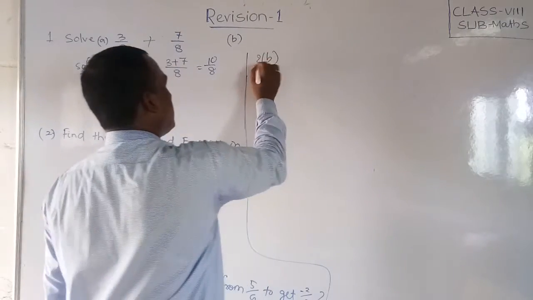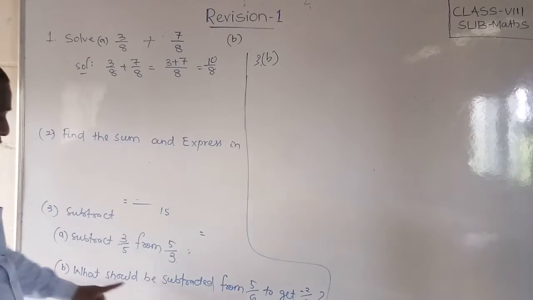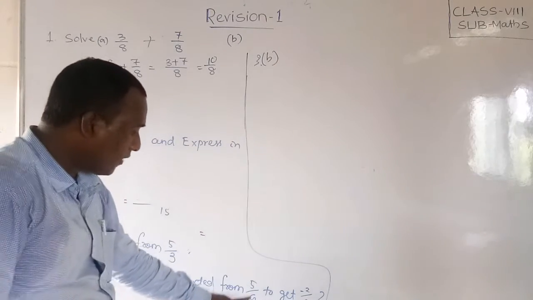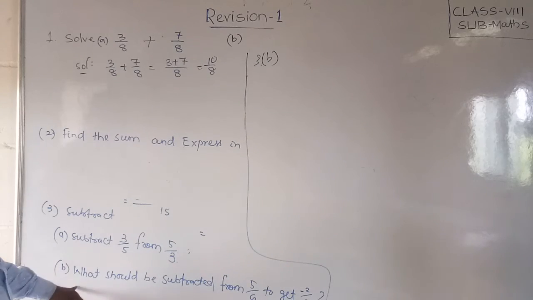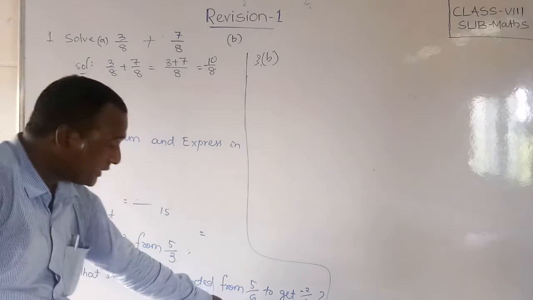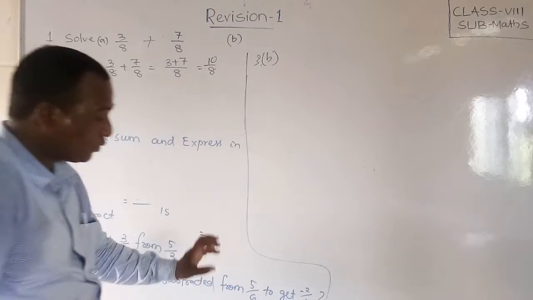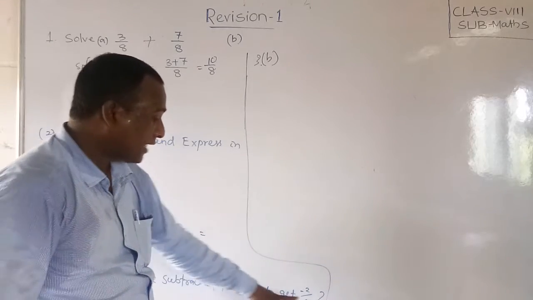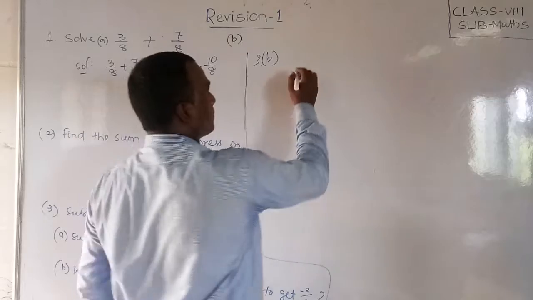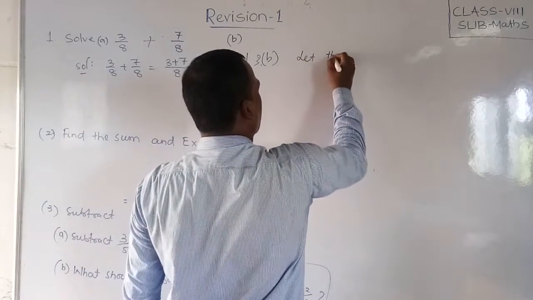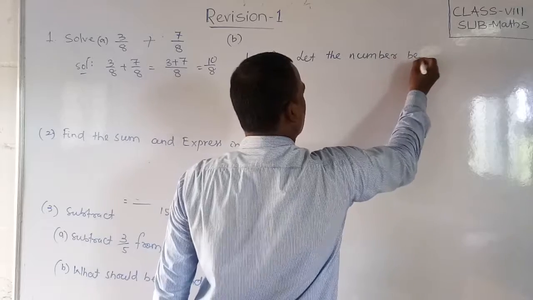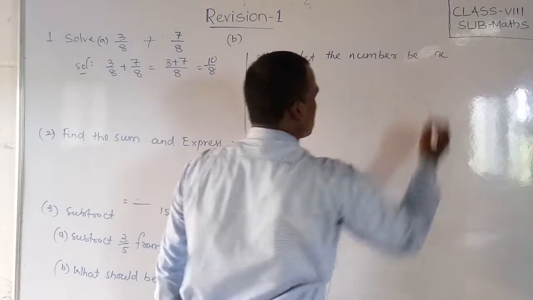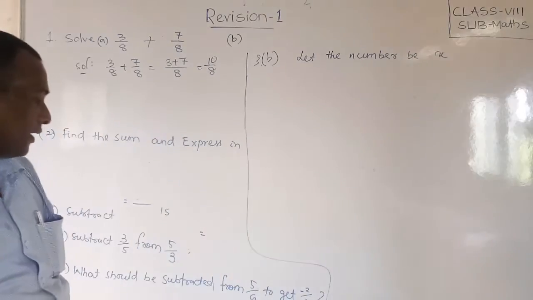Next question, students. 3B, a very important question, friends. What should be subtracted from 5 by 6 to get minus 2 by 3? Students, observe, it is a careful question. That means one number you have to subtract and the answer will come like this. So let the number be x.